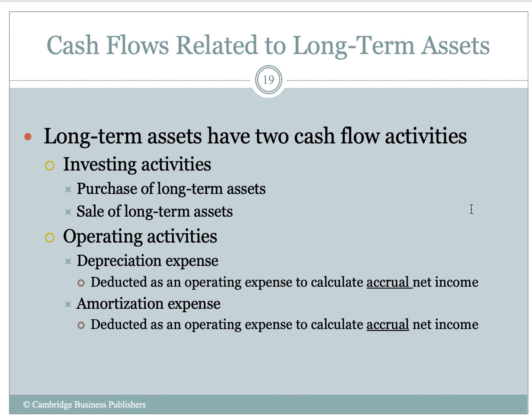Depreciation expense or amortization expense. Remember, these are non-cash expenses. These are deductions that we use as an operating expense in order to calculate that accrual net income, right? It has nothing to do with the actual cash flow, depreciation, amortization. It has to do with accrual accounting, with GAAP, and matching expenses to the revenues that those expenses help generate, okay?